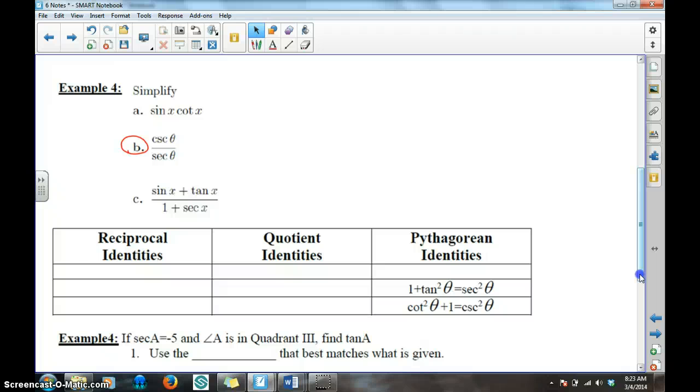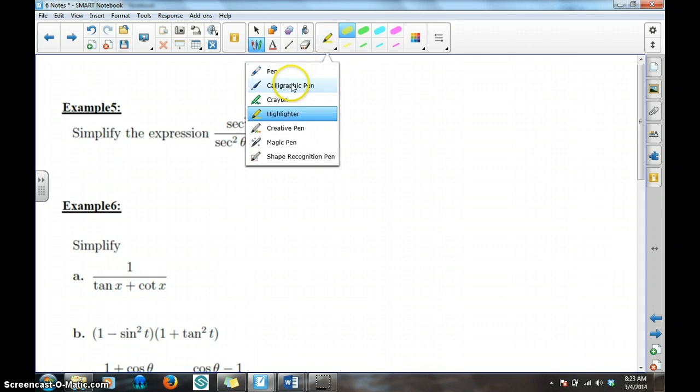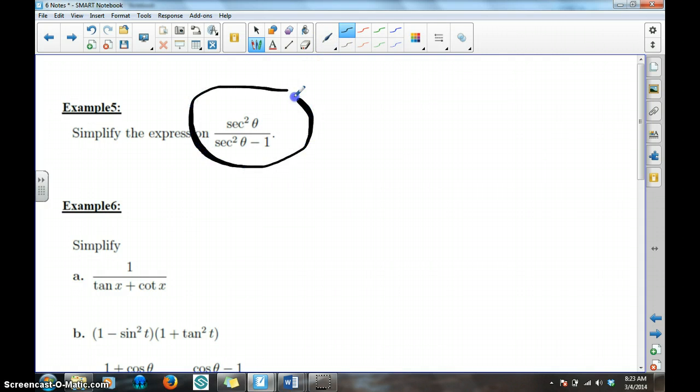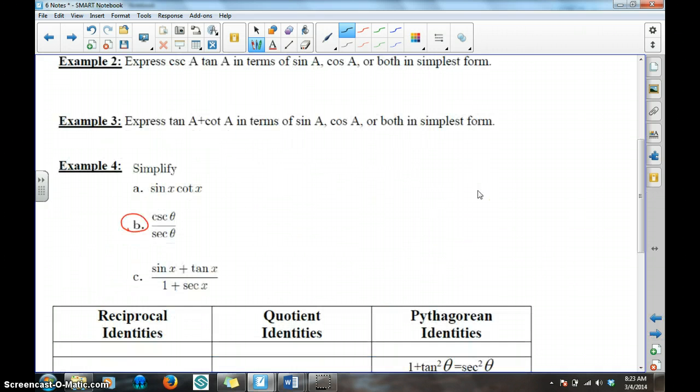I'm not doing this one right now, but just for frame of reference, take a peek at this one. There are squared terms going on in this particular question. And when I see squared terms, what I want you to be thinking about is the Pythagorean identities. The Pythagorean identities are there for squared substitutions. But if nothing is squared, your second prong is going to be just change everything to sine and cosine.